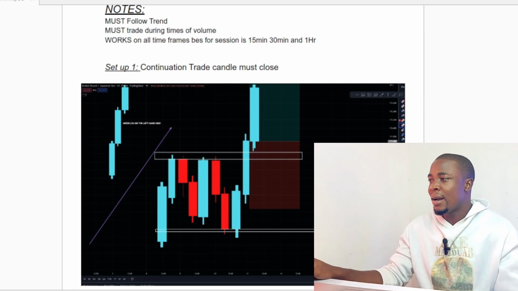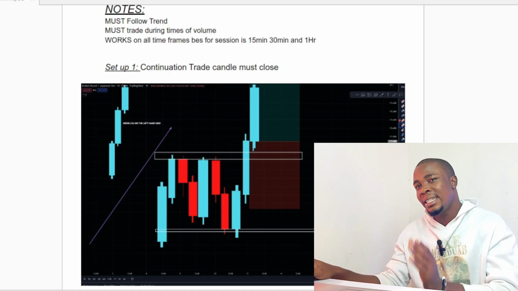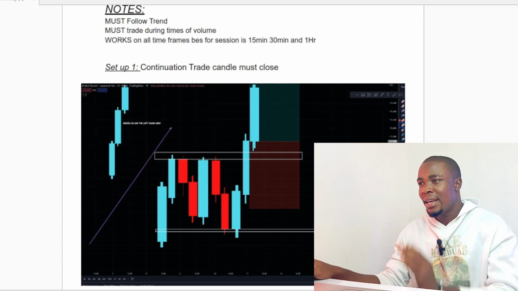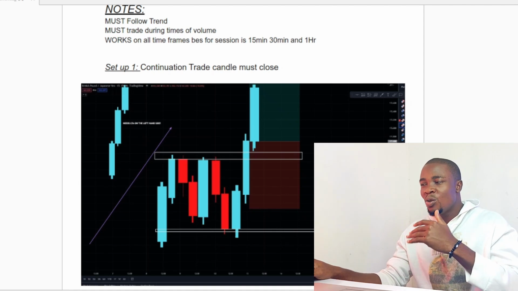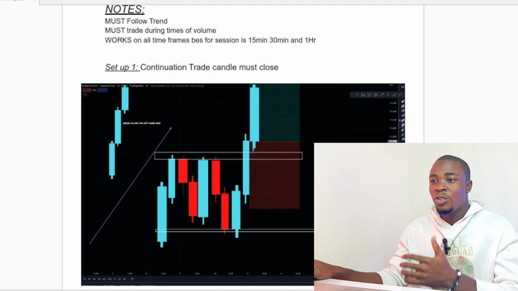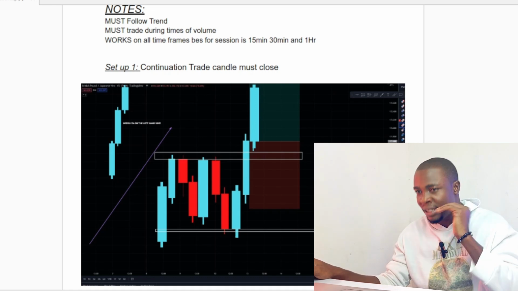Another thing you really need to consider is that you must have an LTA, low traffic area, on your right hand, so that you won't mistakenly buy into support or sell into resistance.